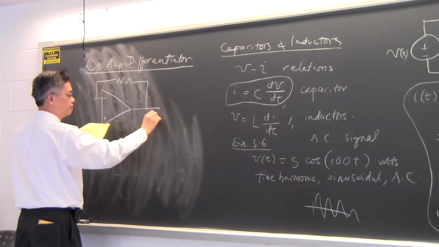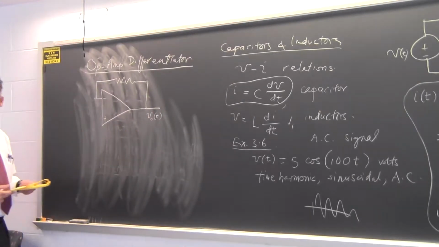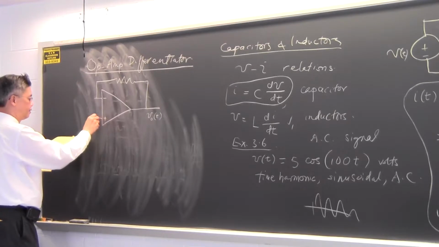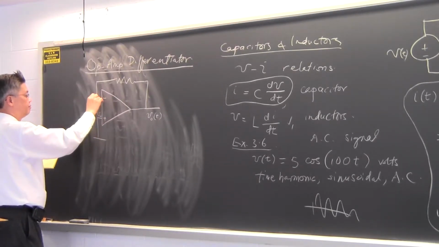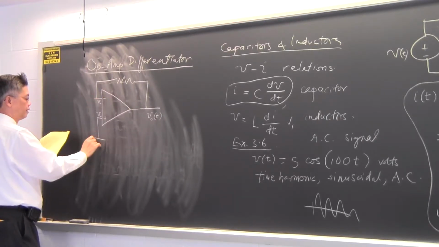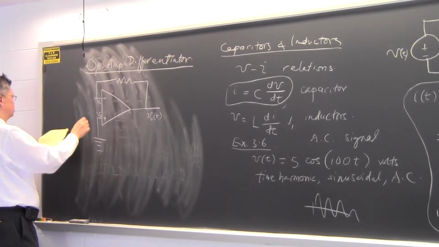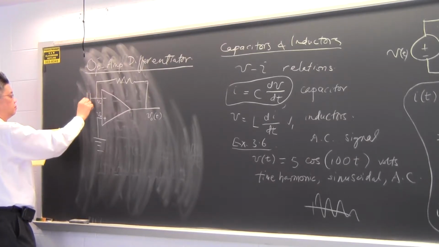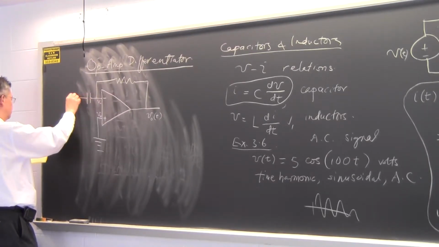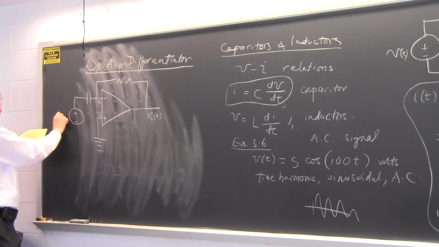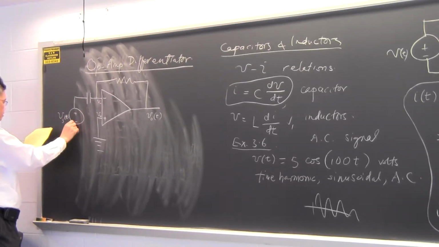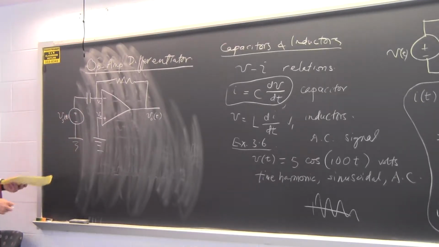And let's assume that all the signals are transient, so that they're functions of time, and that V plus is grounded, V minus is hooked this way. So we have Vs of t, that is some transient signal. Okay, we ground it in this manner.